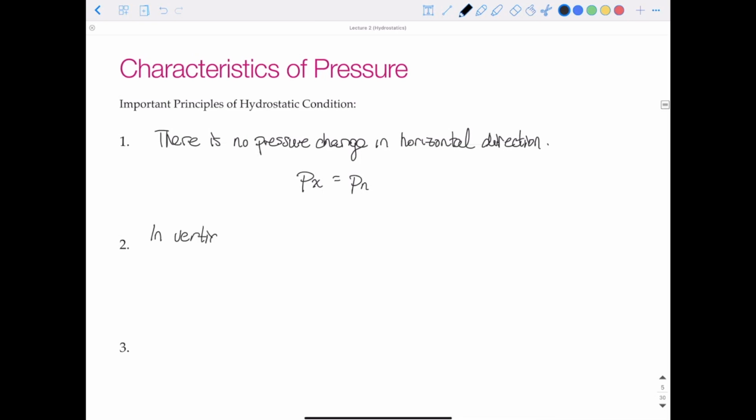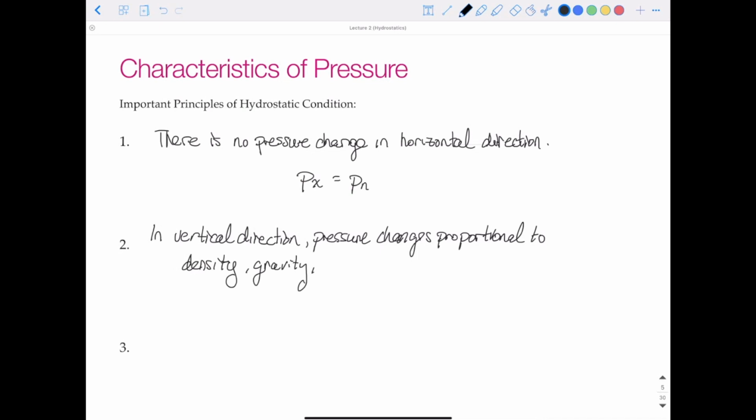In the vertical direction, the pressure changes proportional to the density, gravity, and the depth change delta Z. So in the vertical direction, we can say that the pressure changes proportional to the density, gravity, and depth change. We'll call depth delta Z.